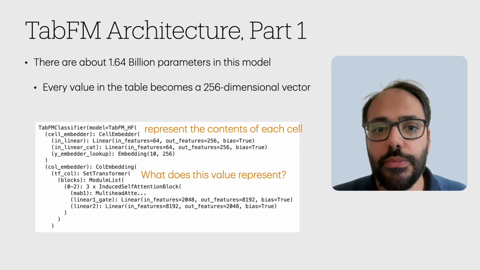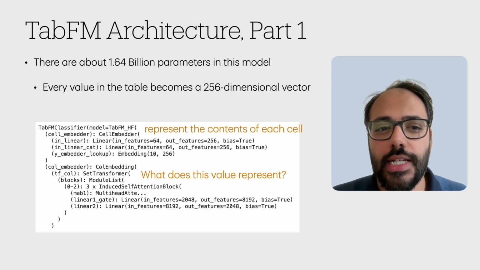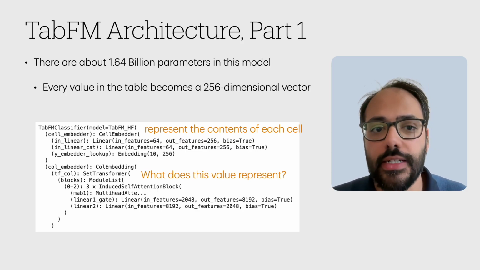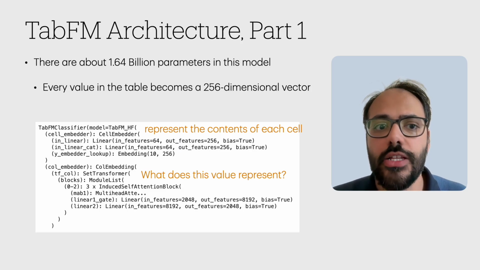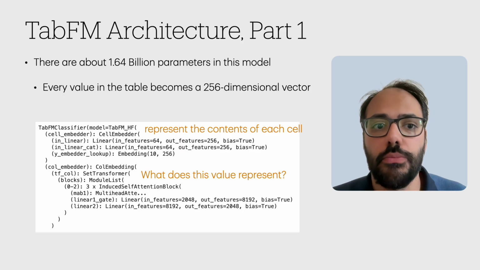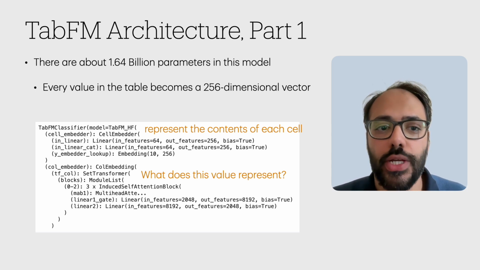The other important aspect of this TabFM is that, because technically we want to solve supervised learning problems, in this case classification, it seems that they generated, and by they I mean people at Google Research, huge amounts of labeled data. So this is a little bit different than the typical pre-training of large language models, because you really need labels.